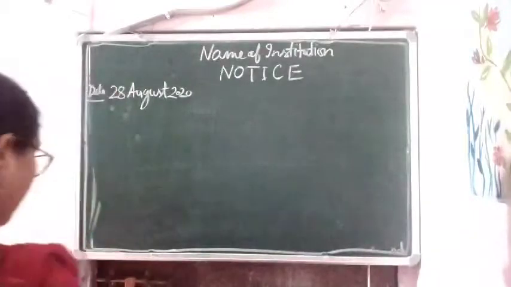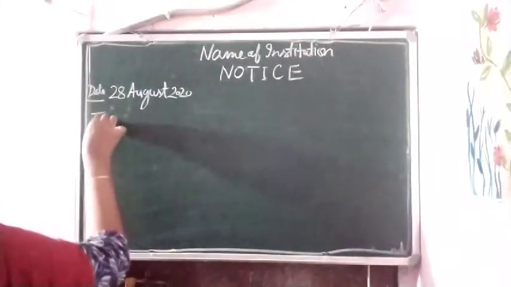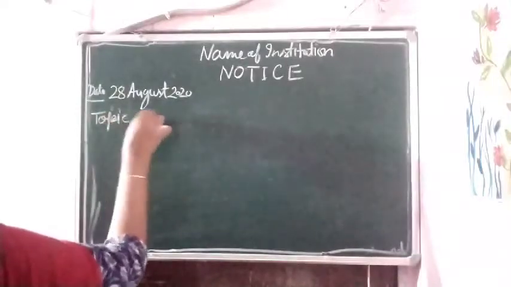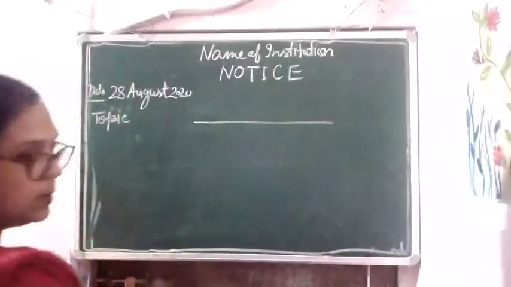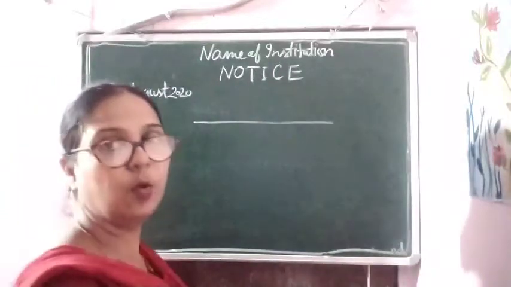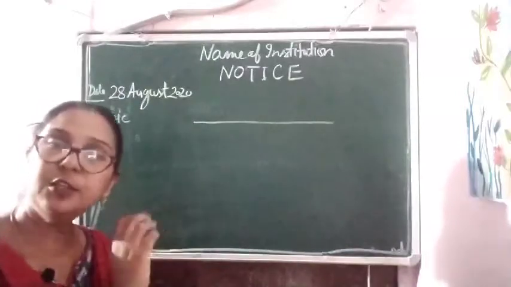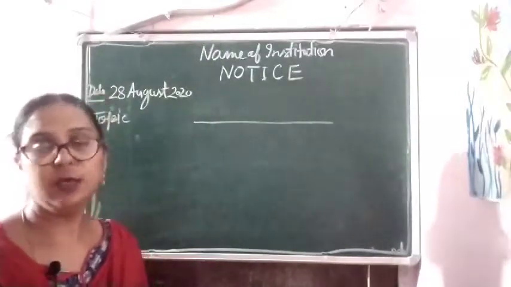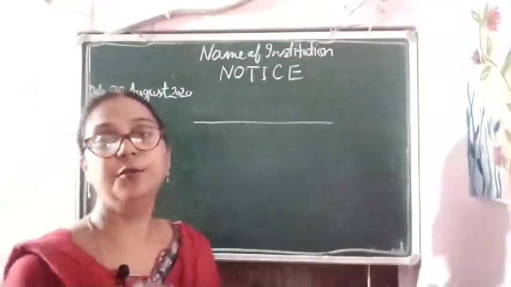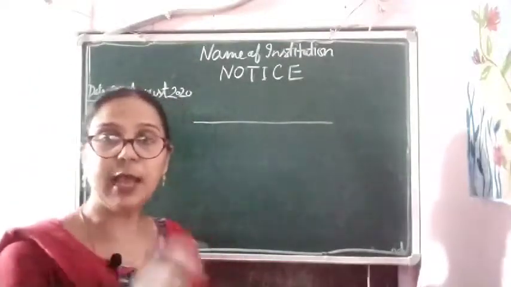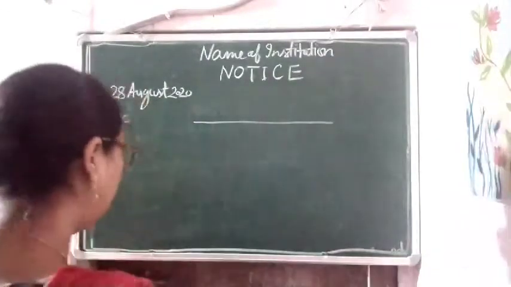Now what are we going to write? The topic. The topic should be mentioned at the center of the notice. After writing the notice and date, we write the topic: on which topic you are writing a notice, on which topic you are going to inform the people. That is the subject we write.